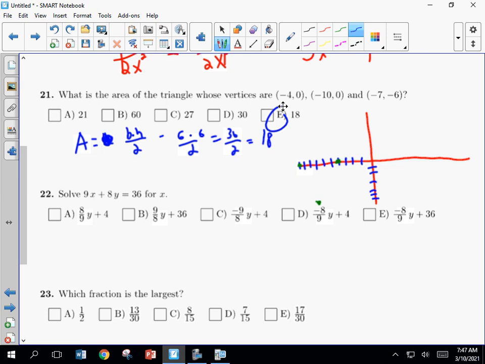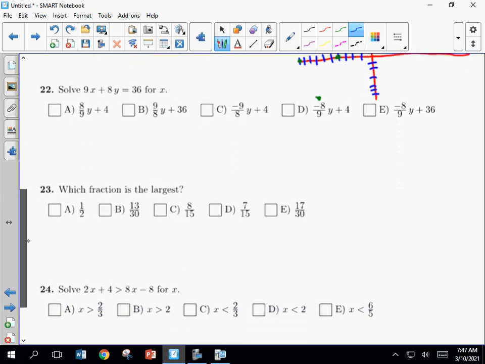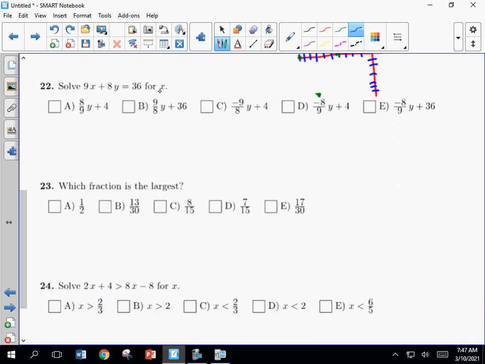22. All right, so solve for x. This one you have to be able to just work out and solve. So we are getting x by itself. First thing you have to do is move the 8y to the other side, so you're going to subtract.